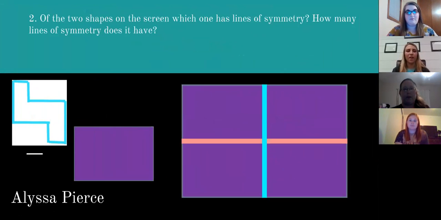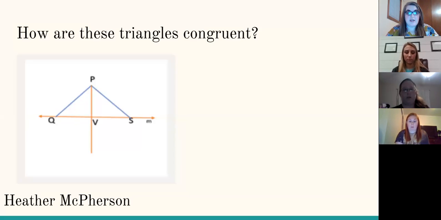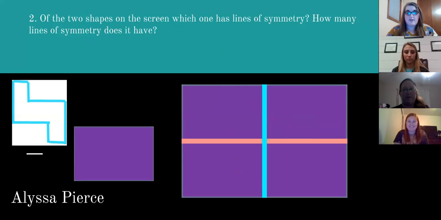Hey, Alyssa, of the 2 shapes on the screen, which one has lines of symmetry, and how many lines of symmetry does it have? So here we have 2 shapes. One kind of looks like a stair shape, or like I like to call it, it looks like something from Tetris. And the other one is a rectangle. So when you have a line of symmetry, it must be able to be folded down on itself and not have any gapping or overlapping of any kind, no matter where it's moved.